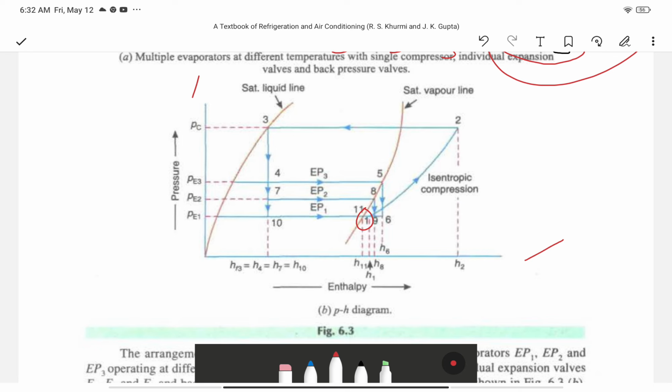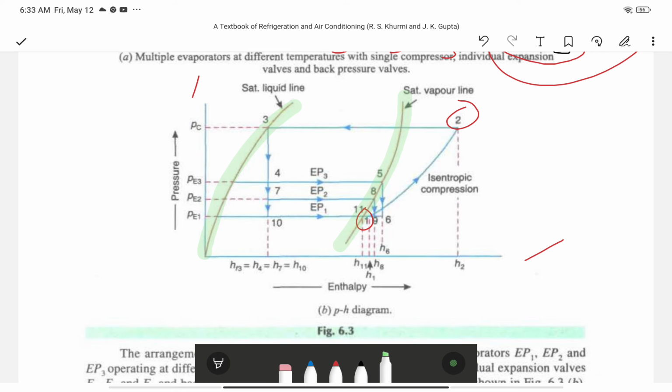As you add work to your compressor, it compresses from 1 to 2. Of course, this is your saturation vapor line, and the saturated liquid line here. Your point 2 is in the superheated region.